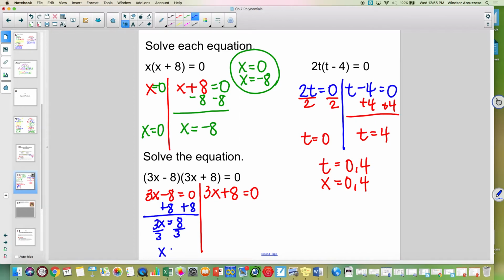So my first solution, or my first root, is 8/3. Let's do the second one. I'm going to minus 8, do the inverse, 3x equals negative 8, divide by 3 on both sides, x is equal to negative 8/3. There are my two roots, or my two solutions to this equation. Okay, again, this is called the zero product property, setting them equal to 0.